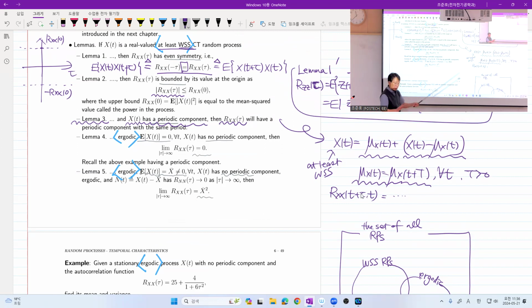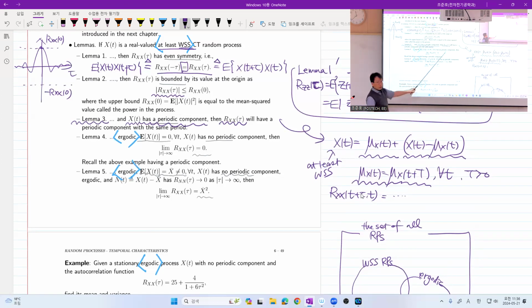So no periodic component, it's ergodic, it has zero mean. Then, amazingly, your autocorrelation function, so you want to fill up these two lines using a curve, must vanish as you take tau to positive infinity or negative infinity. So you must have some function like this. Got it?